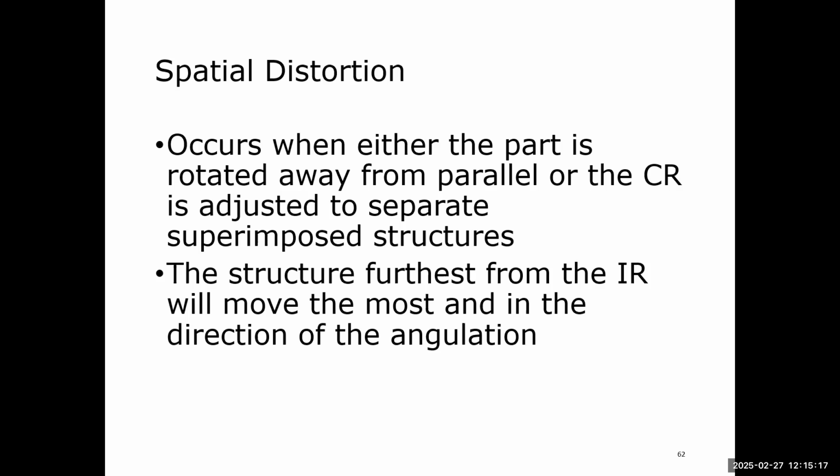So in the case of the sternum, we rotate the part to separate superimposed structures, right? Because we do the RAO, and that sort of throws the sternum off the spine, so it's not superimposed on the spine. Or if we think about the skull, I know y'all don't want to, but let's think about the skull. The Towne projection: what do you do with the central ray? You angle, right?